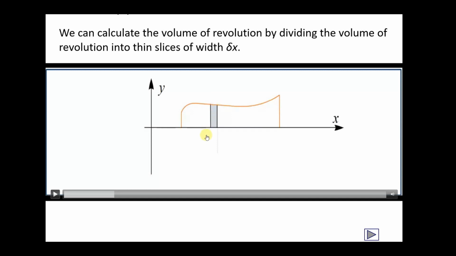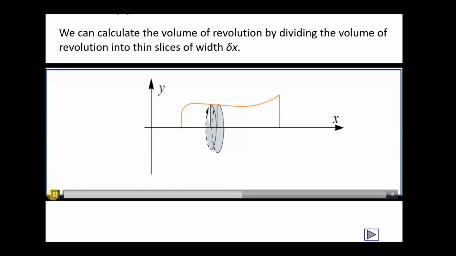When you rotate that rectangular shape around the x-axis, what you're left with is a very, very thin cylinder.